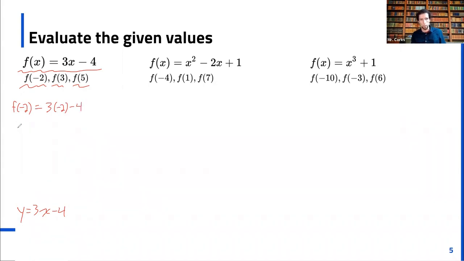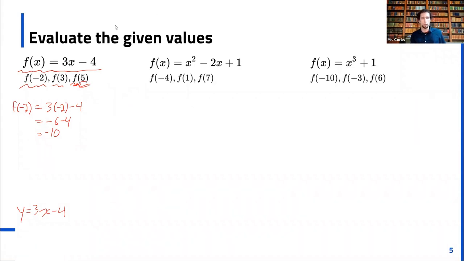And then we just evaluate this. I know this is very simple math, but let's be thorough. 3 times negative 2 is negative 6, minus 4, negative 10. So just substitute in those values and see what you get. If you haven't seen this before, imagine we're figuring out what the y value would be, so to speak, when x is whatever the thing is in the brackets.